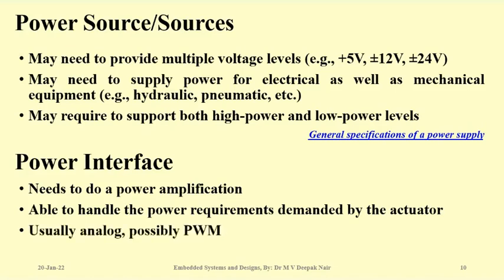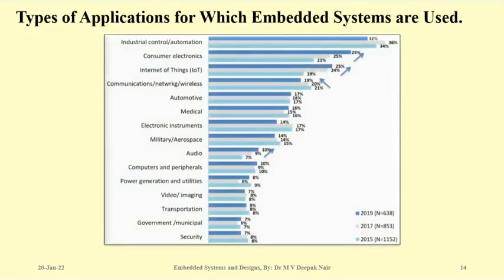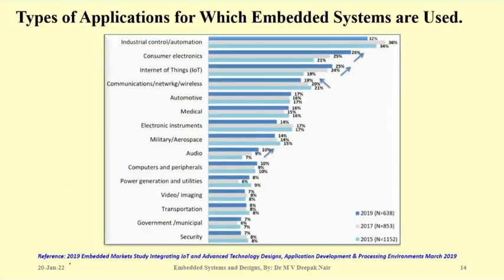Anyway, next, let us check a small survey. These are all taken from one particular survey. I found it very important, because before entering into embedded systems you should know this kind of stuff also. This survey was conducted in 2019, so it is not too old.